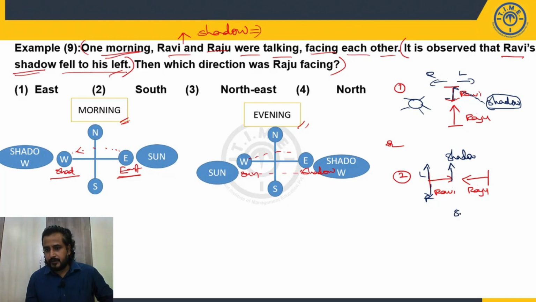So the right hand side will be sun, because shadow and sun will be in opposite directions. Now the important thing is whether the situation given is morning or evening. Morning. So in the morning, the sun will be in the east. So this is the east direction. Now we are deciding the directions. So east's opposite is west.